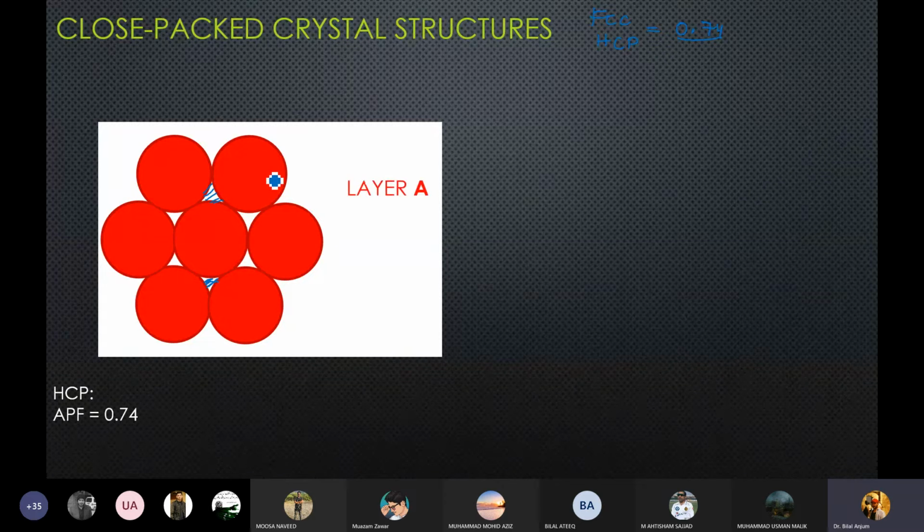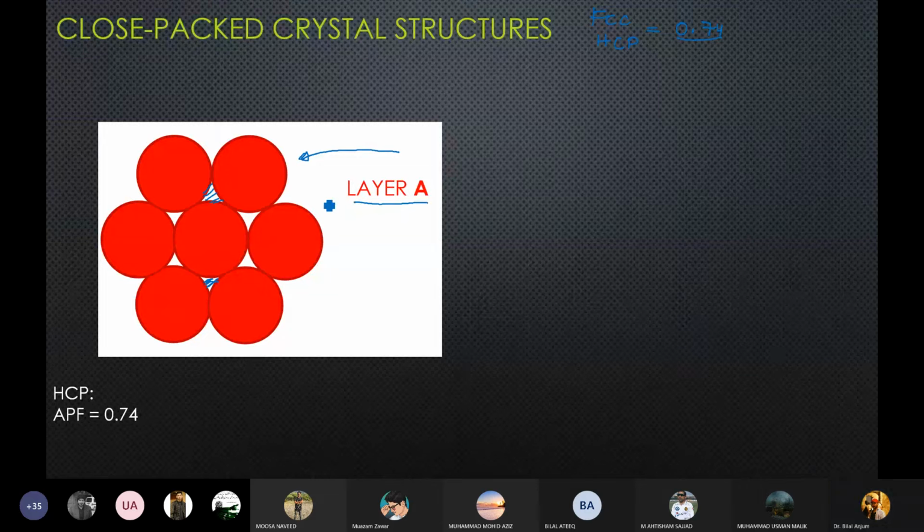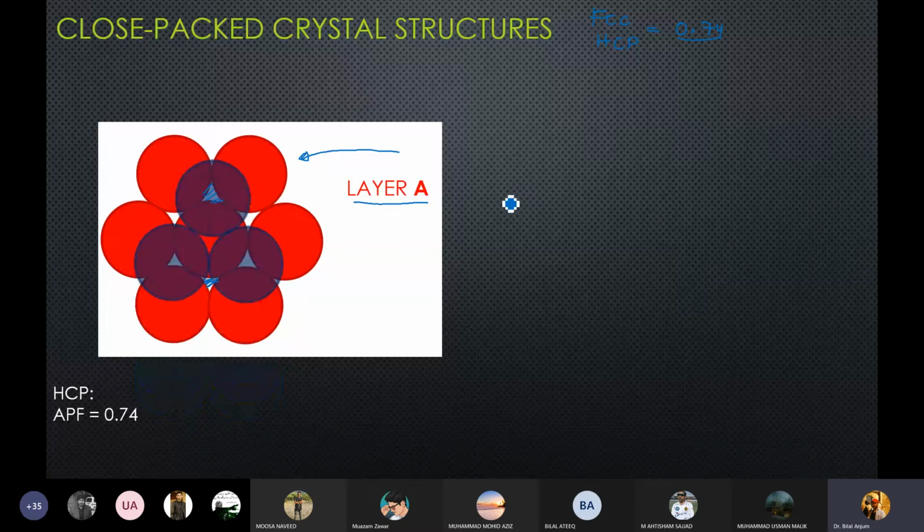So the closely packed first layer is termed as layer A, which is this layer. On top of it, in an HCP, there comes another closely packed layer, which would either occupy the cavities which are facing upwards or the cavities which are facing downwards. So this is the second layer which is coming up, and it has essentially occupied the cavities which are facing upwards.